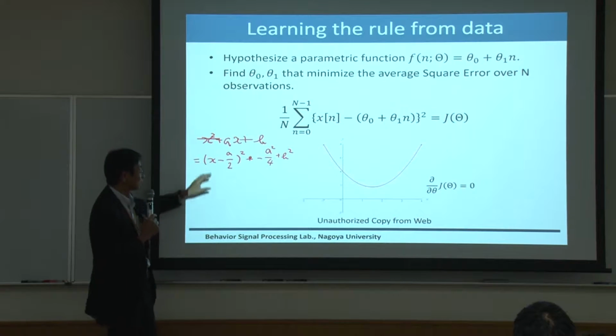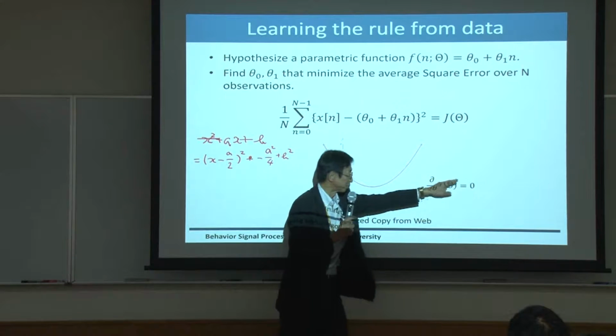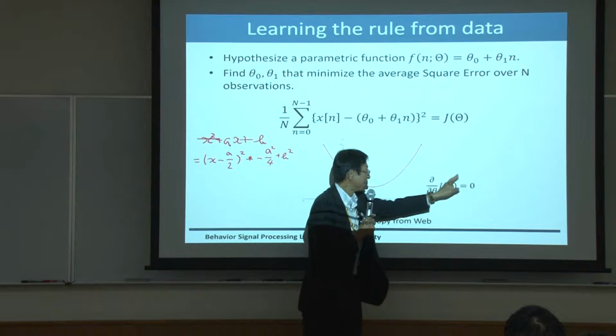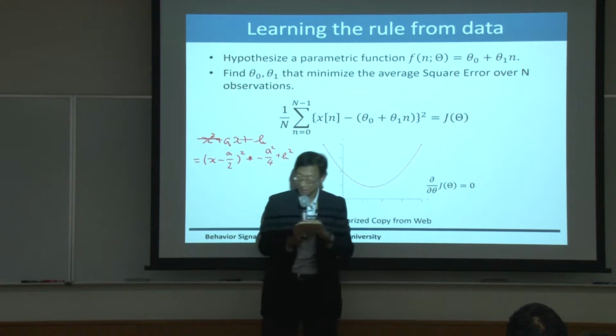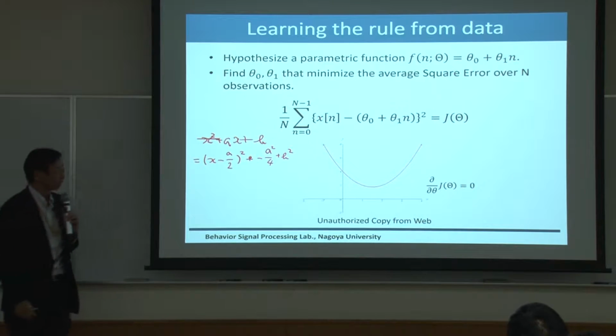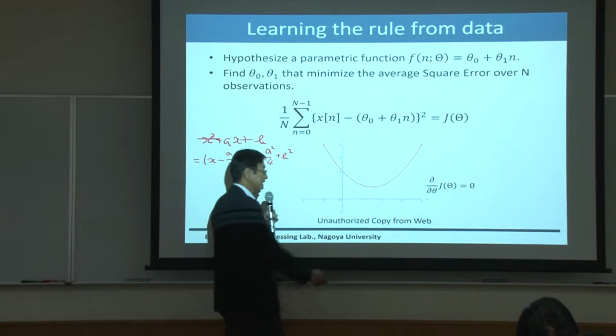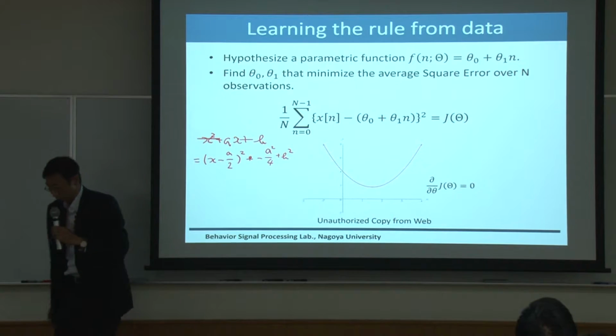And actually, we do not do this. Usually, we use a much simpler method, which is just taking the derivative of the total error with respect to theta and putting that equal to 0.